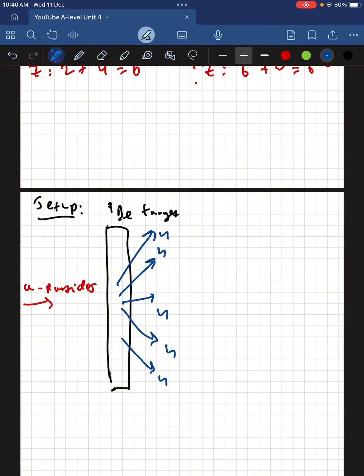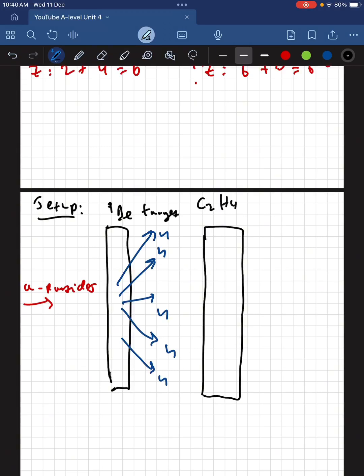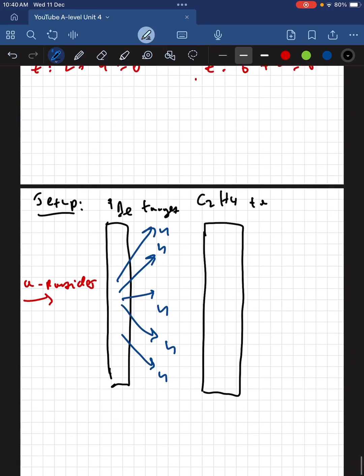So the neutron here plays the role of the cue ball, and if we send this cue ball to a C2H4 target, which is a paraffin target, okay? Paraffin is a material that has lots of hydrogen, so lots of protons, okay? So neutrons come in and they hit protons out of this target.